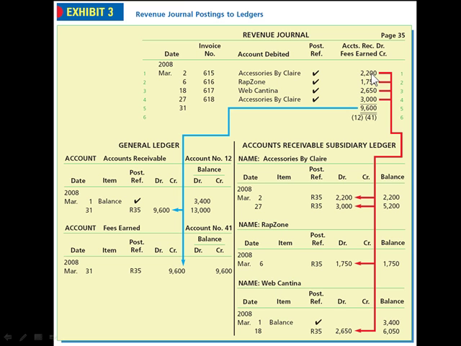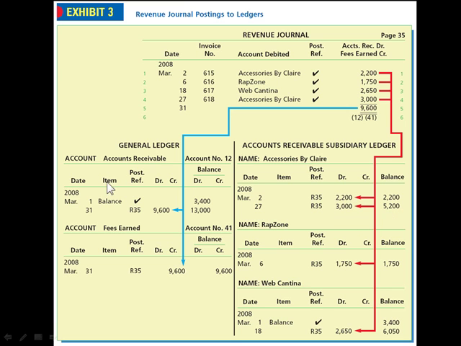Notice that Claire had $2,200 and $3,000. Wrap Zone had $1,750. And Web Cantina had $2,650. There's a running balance. This post reference comes from the page number, so it stands for Revenue Journal page 35. Same date and the balance.